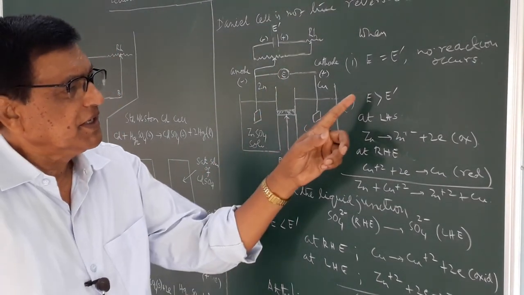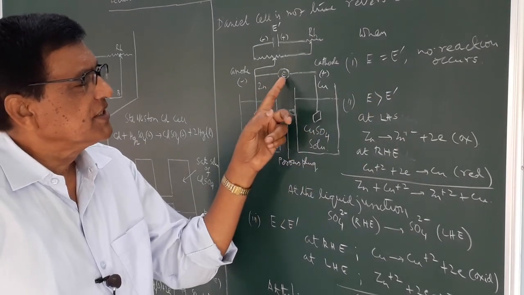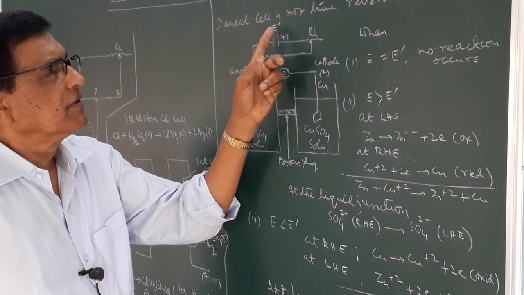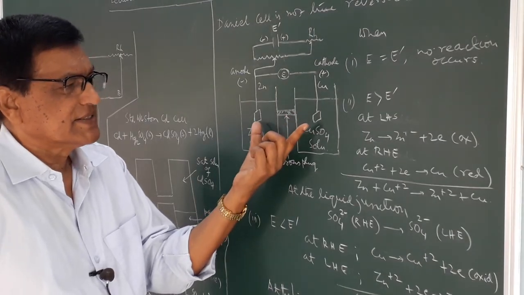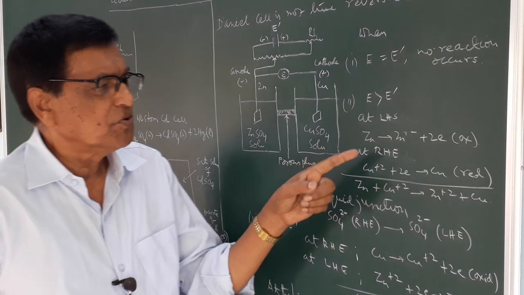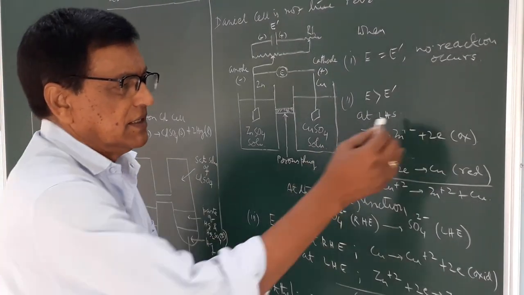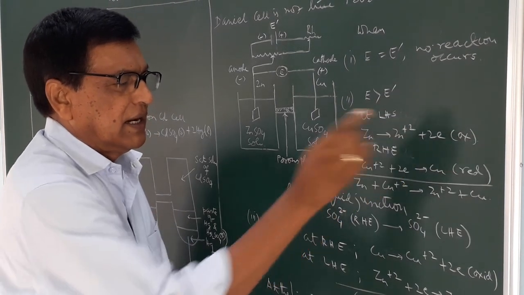But whenever E is greater than E dash, means the cell potential is greater than the potential coming from the external battery, then this one is acting as a galvanic cell. On the left hand side the reaction occurs: zinc gives zinc ion plus 2 electrons, oxidation.